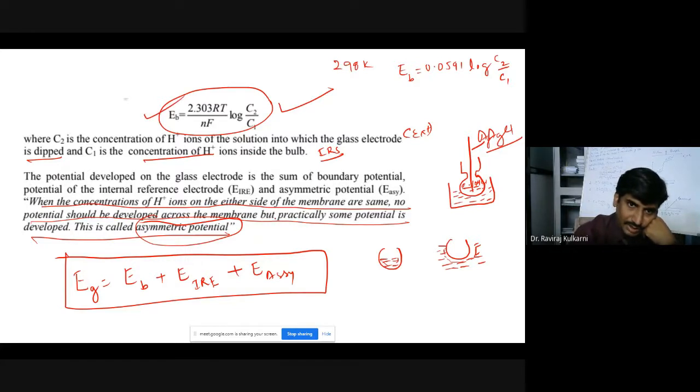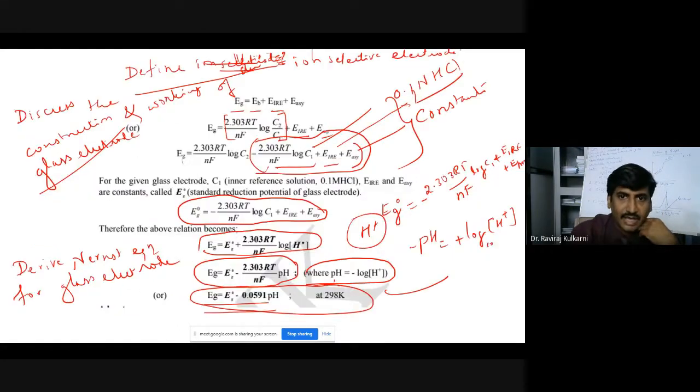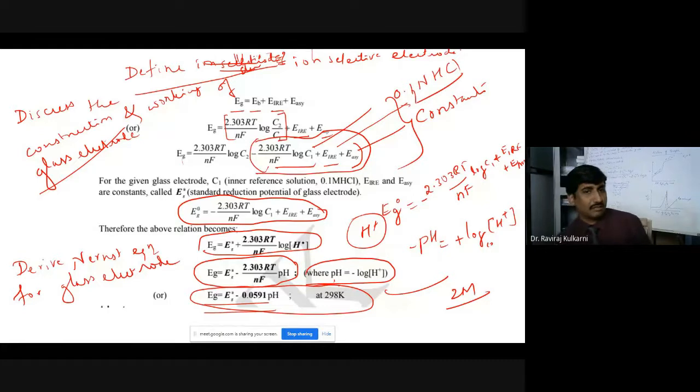Then asymmetric potential, it may carry 1 mark. What is Eg? It may carry marks. And finally you substitute and get the answer, which may carry 2 marks. So you get a minimum of 6 marks, maximum 8 to 9 marks for this.